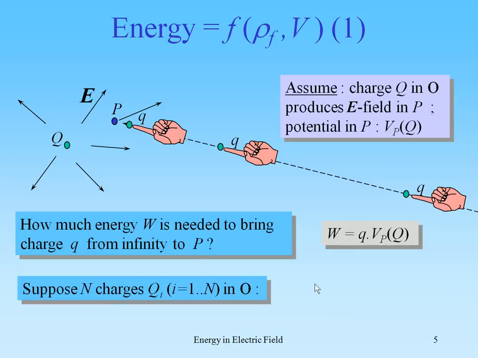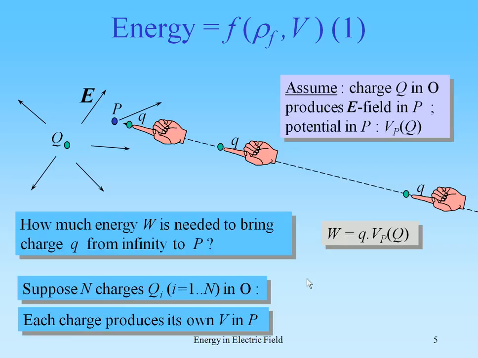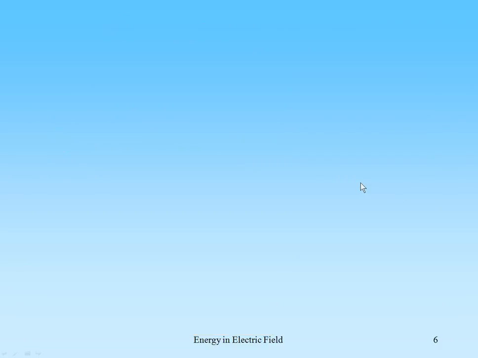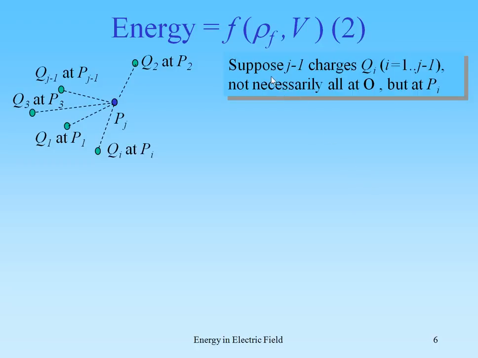Suppose we have now n charges in the origin, n charges qi. Each charge will produce its own potential in P, and the total energy to bring small q to P is given by the sum over all the potentials. Now we suppose that we have j-1 charges, qi, not necessarily all at the origin, but at pi.